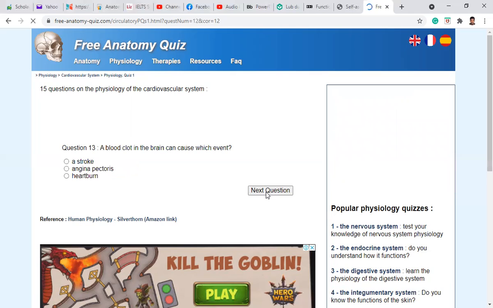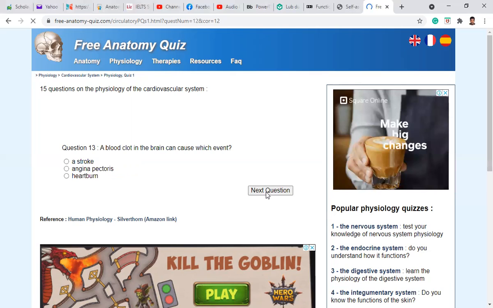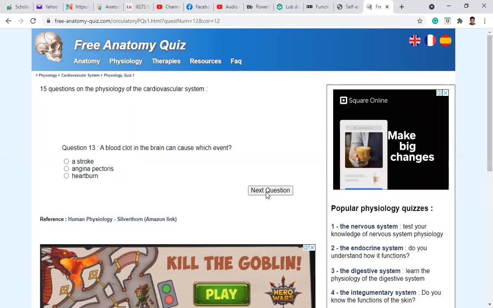Blood clots in the brain can cause which event? I'll go with stroke. Yeah, so when you have blood clots in maybe the carotid artery or any of the branches, you will have a stroke.